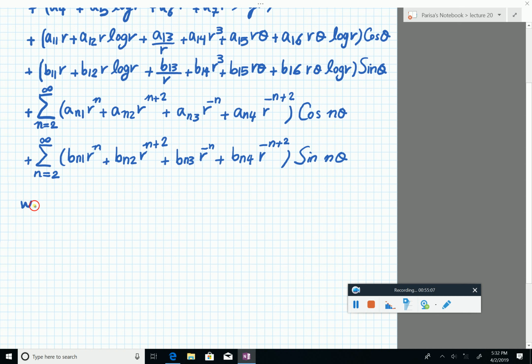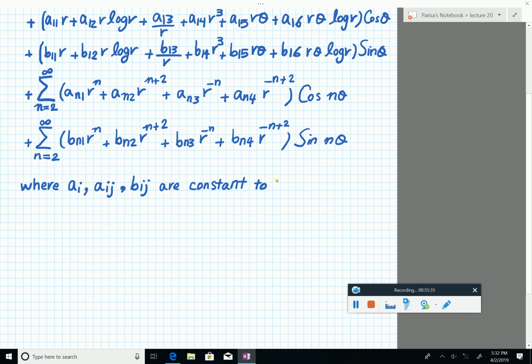So let's add that these are constants, right? Where A_ij, B_ij are constants to be determined.